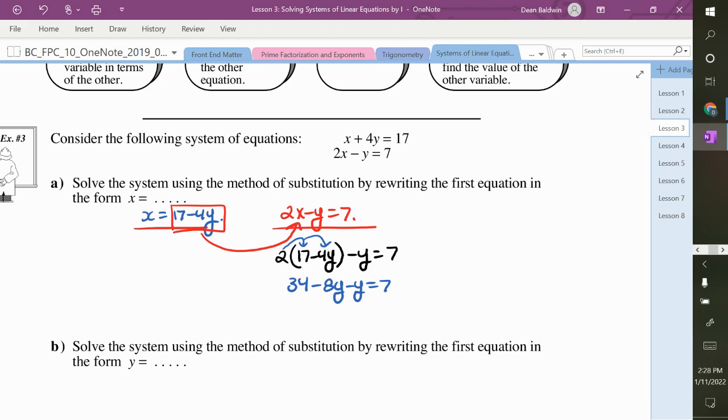What do I do now? What would we do in polynomials if you had multiple y's? Collect your like terms. What's negative 8y minus y? Negative 9y. Okay, how do I solve this from here? Move the 34 to the other side.